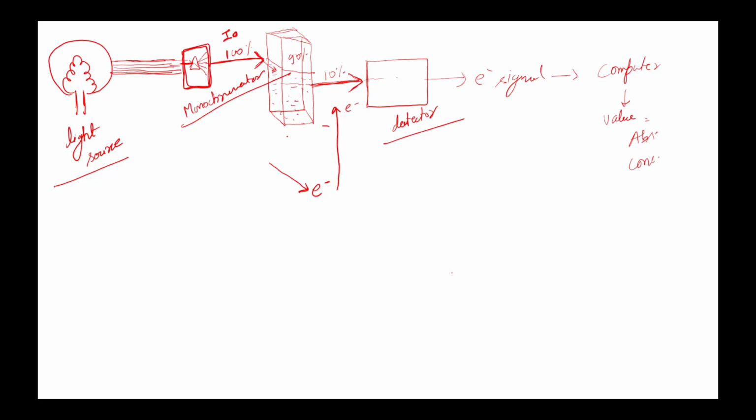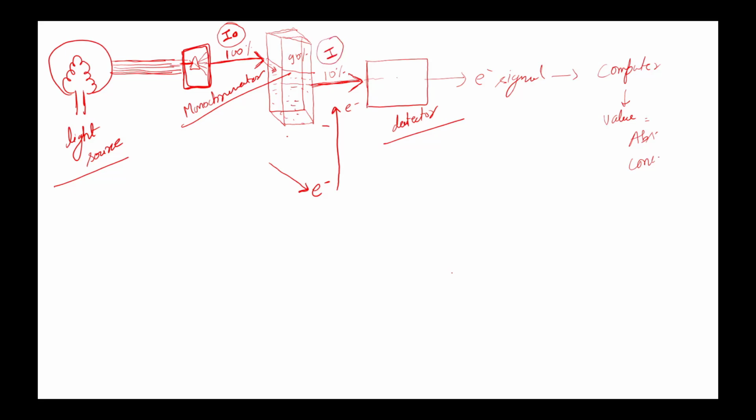Suppose the intensity of the light which is going to the sample is 100%, that we are referring to as I naught. But as some of the light is being absorbed here, the transmitted light, which we are referring to as I, is less.